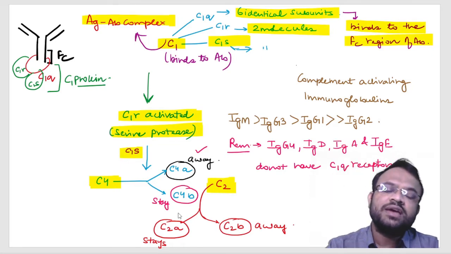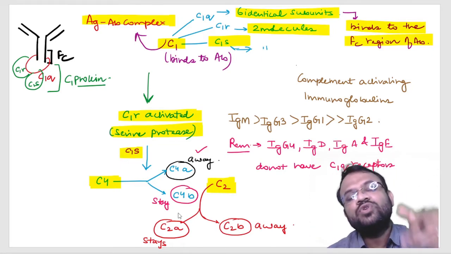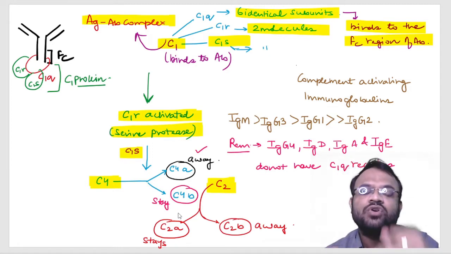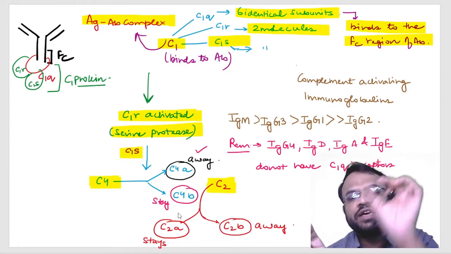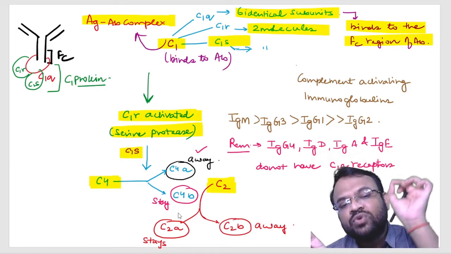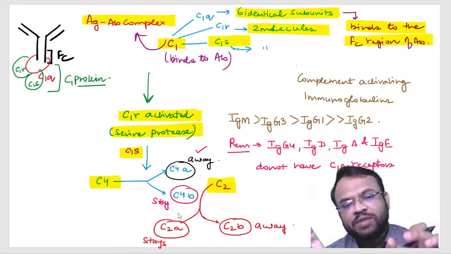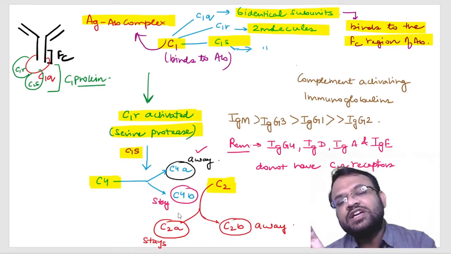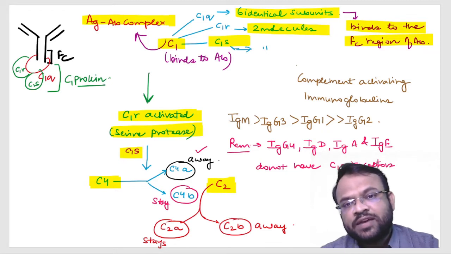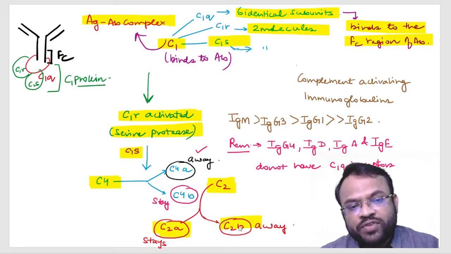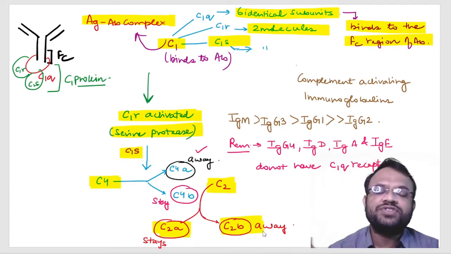C2A will stay and C2B would go away. So this is an exception. In all other cases the A part will move away, but in C2, C2A will stay, whereas C2B will move away. So the functions have interchanged.